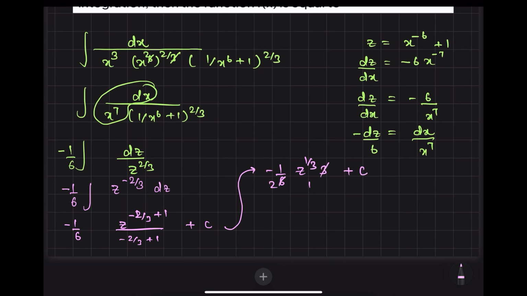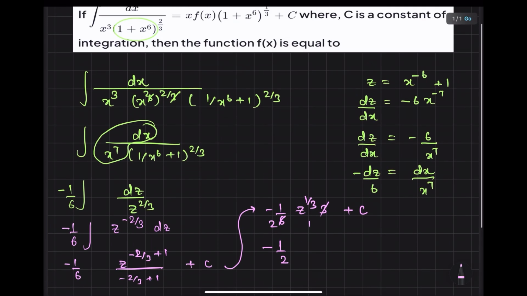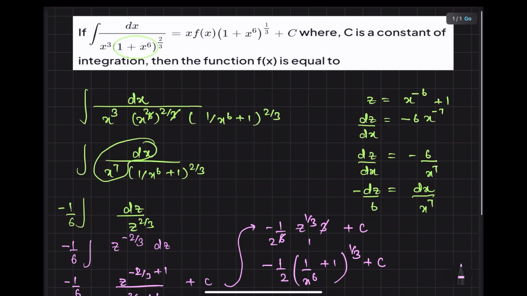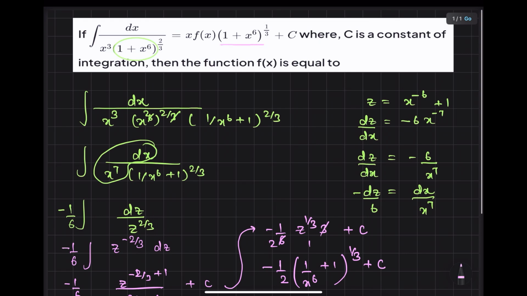So 3 twos are 6, so minus of 1 by 2. Now you have to write down the answer in terms of x, not in z. So it is (1 by x power 6 plus 1) to the power 1 by 3 plus integration constant 6c. Now look at this, you have to write down the answer.